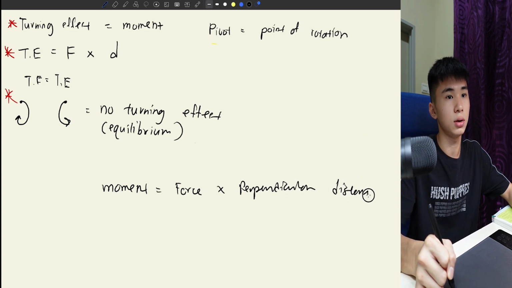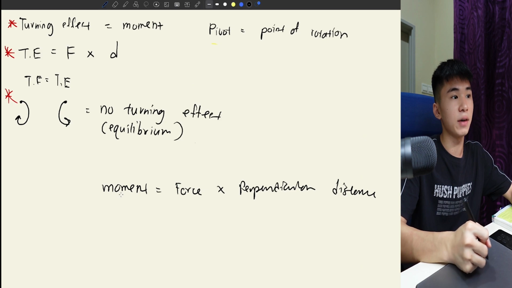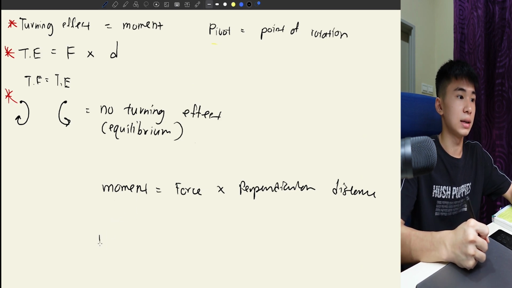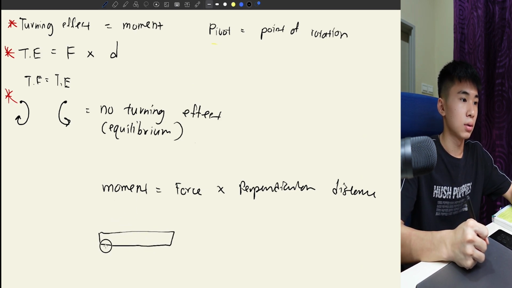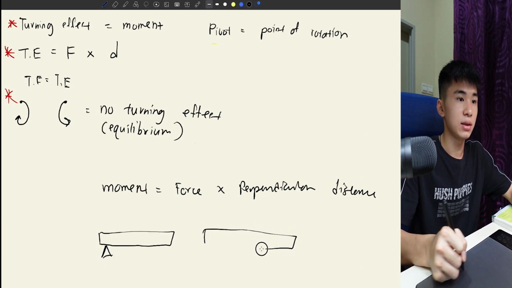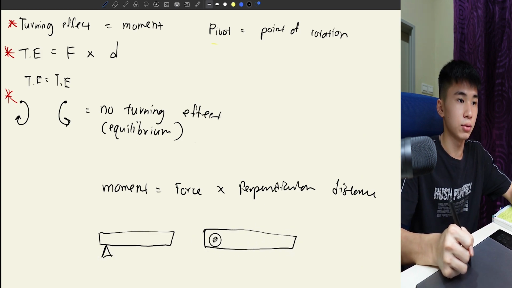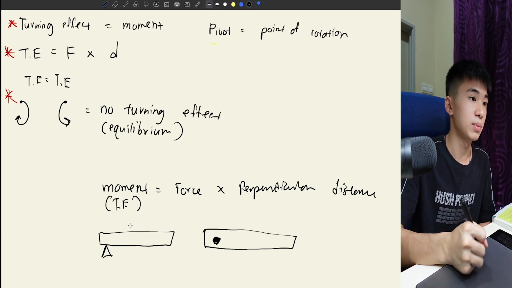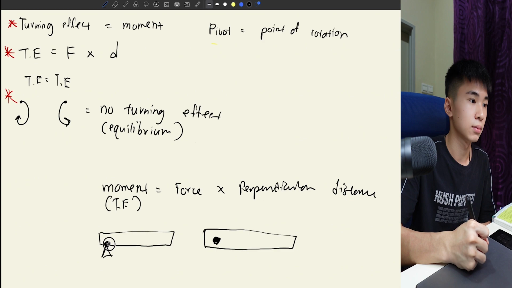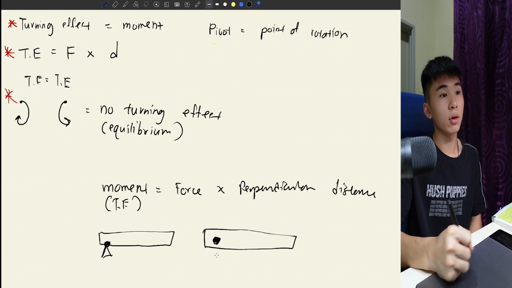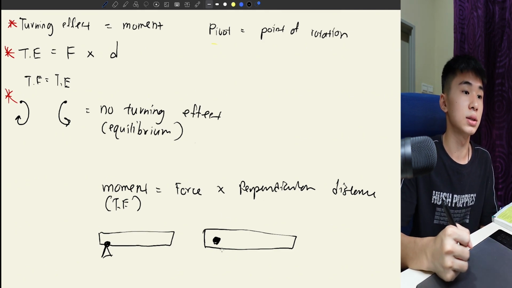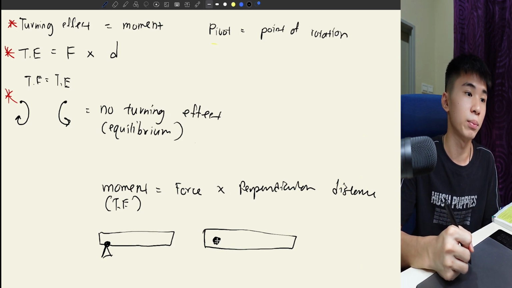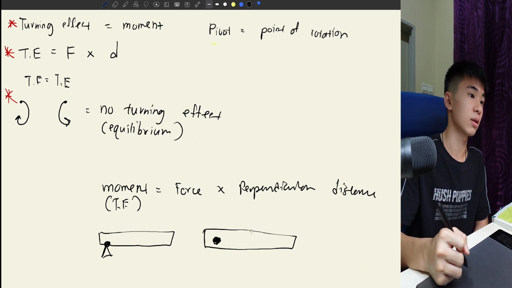As long as the turning effect occurs anywhere, like just now in the second diagram that I drew, which means the moment is going to happen there. For this diagram right here, if the turning effect occurs, it will appear here. So, not to get confused.